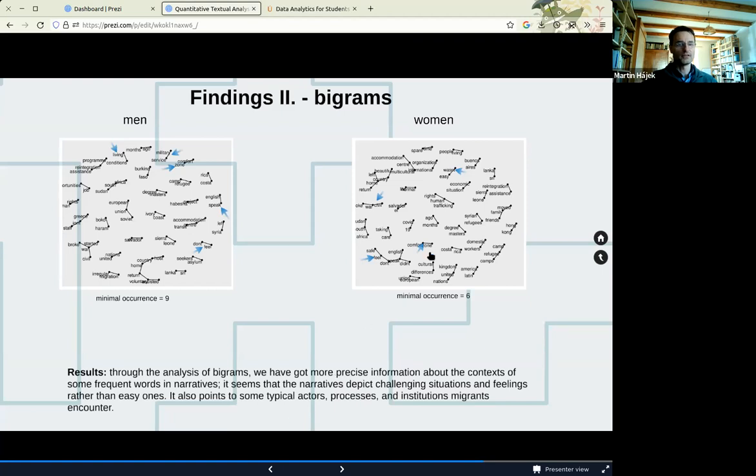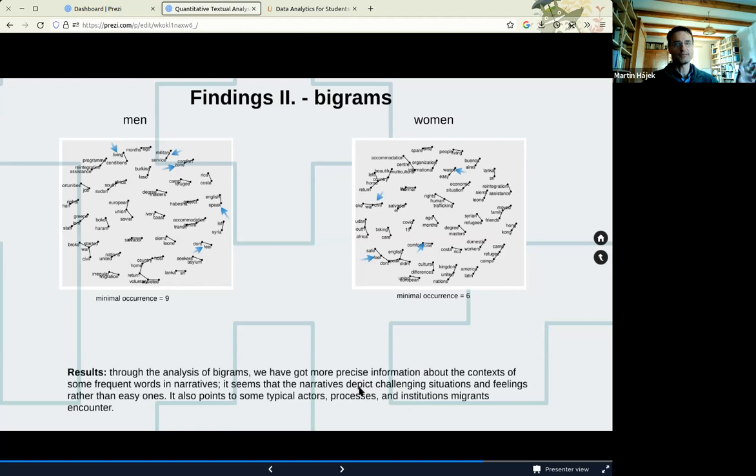And also what we can see is that the narratives describe rather challenging situations and feelings than easy ones. It's not about being happy. Of course, there are some in the first narrative of Jonathan.